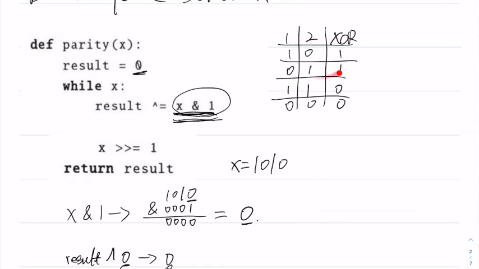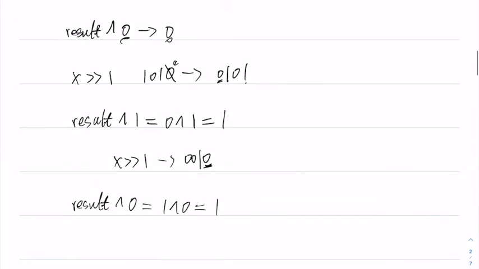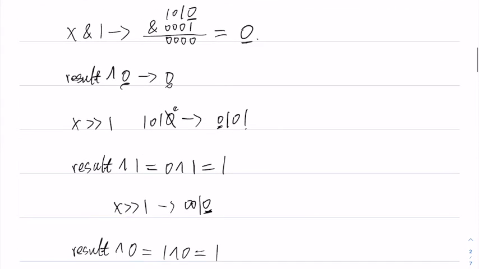XOR with 0 would give us 1 because these two are different. So we see that the result wouldn't change upon encountering a 0. Because if the result is a 1, it's not going to change upon encountering a 0. It only changes when we encounter a 1.